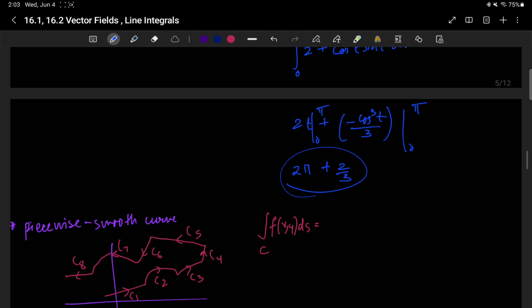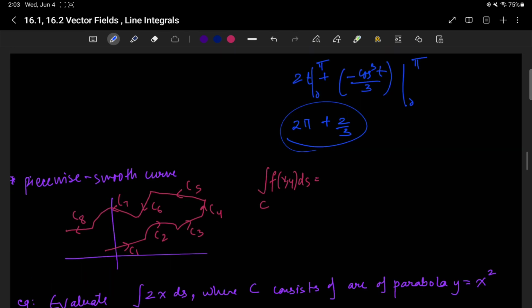Now, next question is, what if the curve is made up of a bunch of different curves? And that's fine. Piecewise smooth curve, as long as things are all smooth, then if C is a union of all of these curves, then you can just consider it to be the addition of all of these curves.